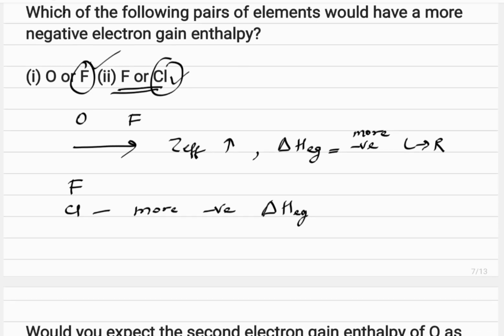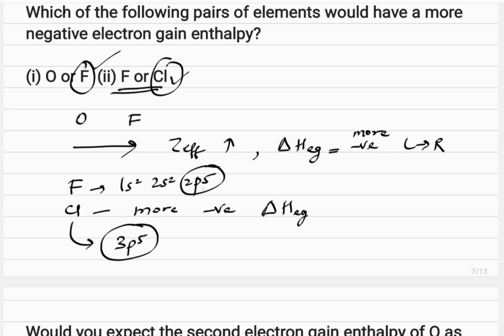That is the case because fluorine has configuration 1s2, 2s2, 2p5. Chlorine, it's 3p5. I'm not writing the configuration before 3p5 because that is what matters. So in fluorine, the extra electron enters the 2p subshell.